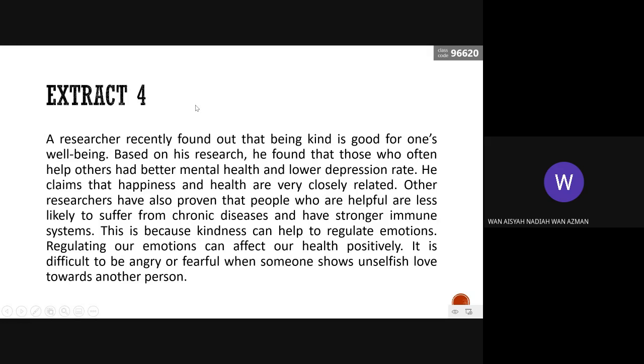So tell me, what is this paragraph about? It is about what? Positive effects of being kind. Yes, you get it right. So make a whole statement based on that.